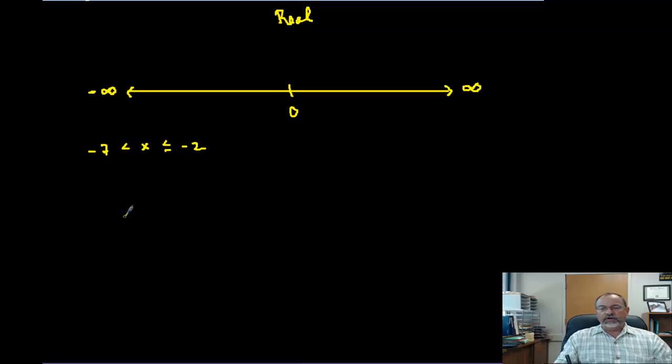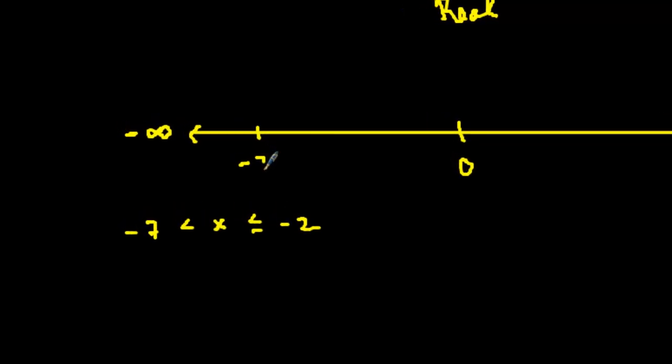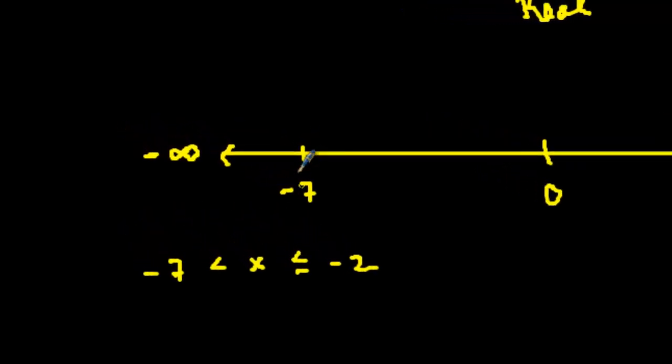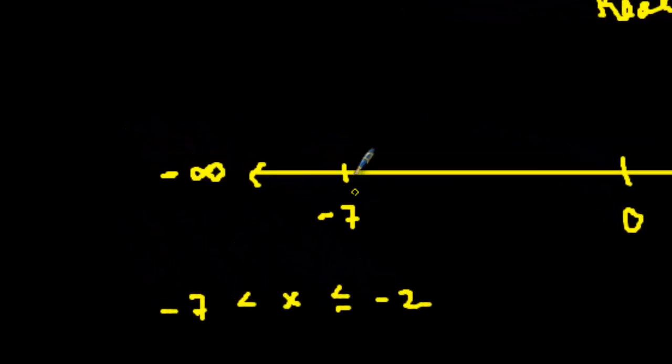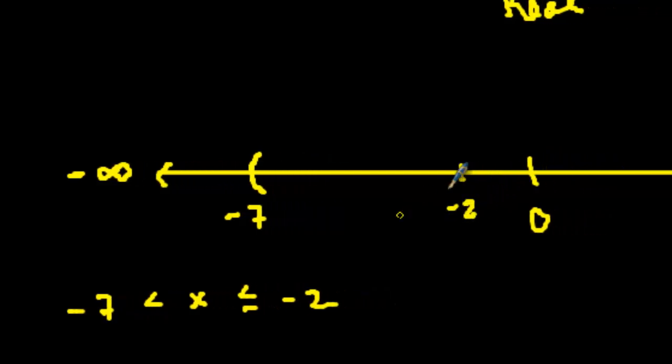Sometimes it's easier to put it on the graph first, so let's do that. -7 is not included, so we use a parentheses, and we're looking at x greater than that, so we're going to point this to the right. And then we have -2, and we're looking at the numbers less than that. -2 is included, so we put a bracket. So this would be the graphical representation.